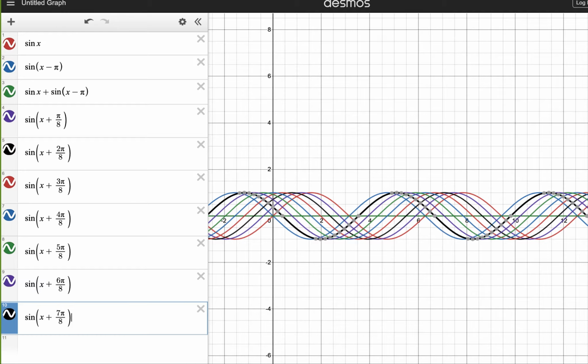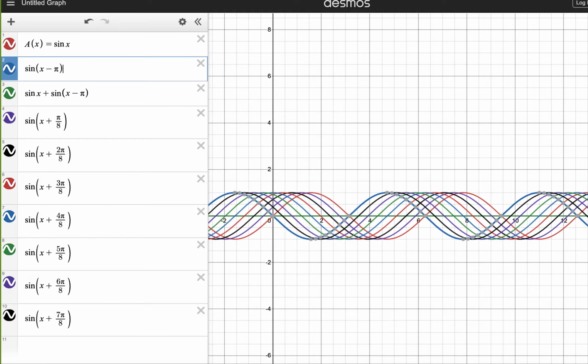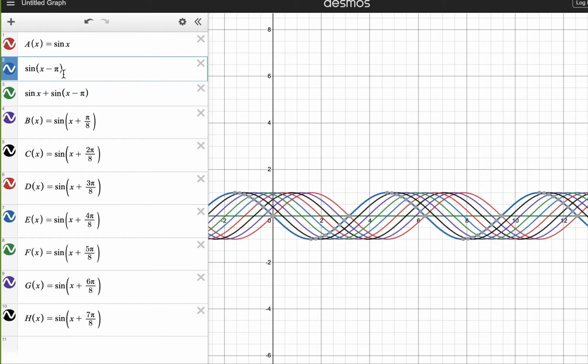Alright, now what if we add all these together into one waveform? That could be tricky. Maybe I'll just give them all letters. Maybe the program will let me add them together. And the last one was this one.